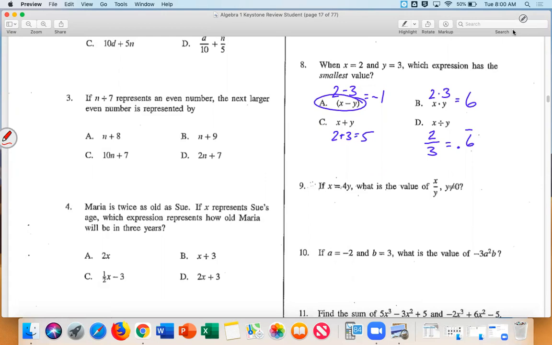I want to know what x divided by y is. So what I'm going to do is I'm actually just going to divide both sides by y. That gives me x over y, which is what we want, equals, and on the right side, the y's cancel. So it just equals 4. Do you see that, Mackenzie? Yeah. All right, there we go.